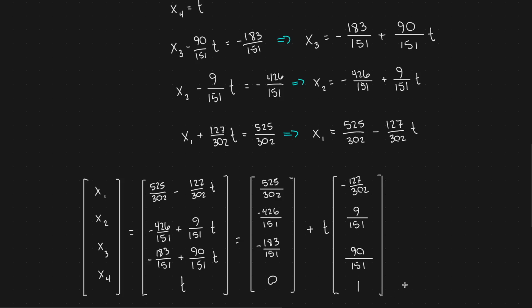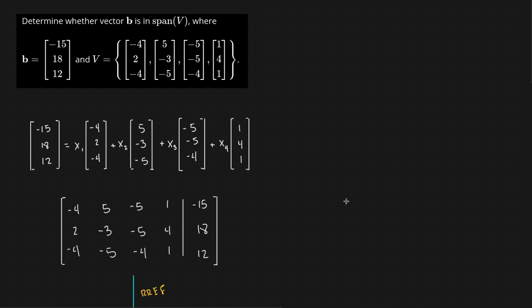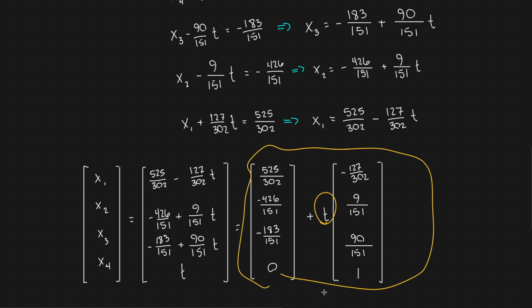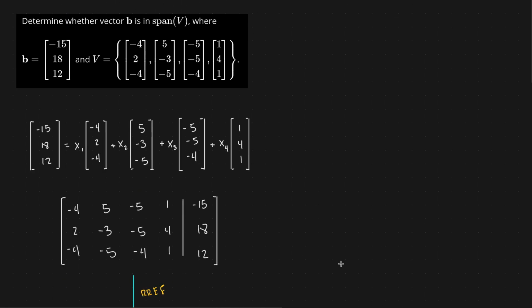Okay? So any set of coefficients x1, x2, x3, x4 that can be expressed in this form for some value of t would solve the system. Would solve this equation, would mean that this linear combination is equal to this vector.